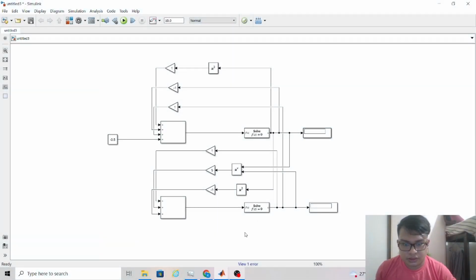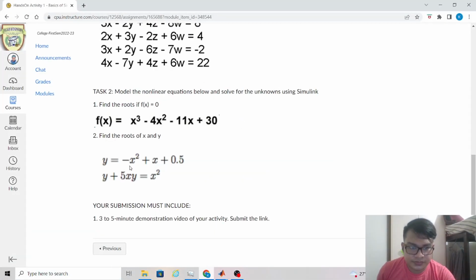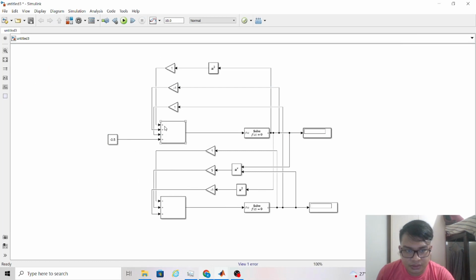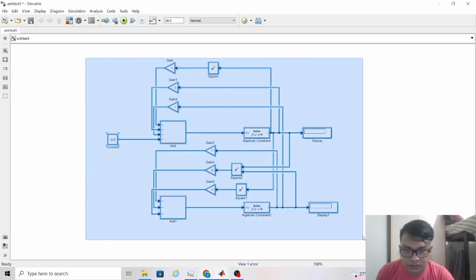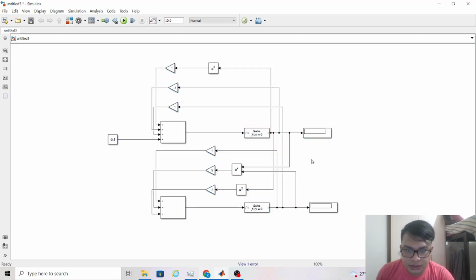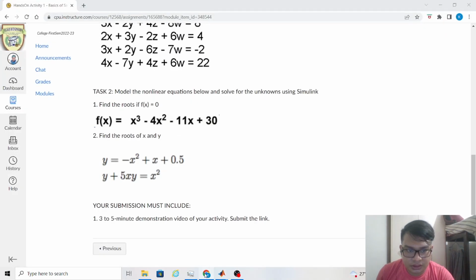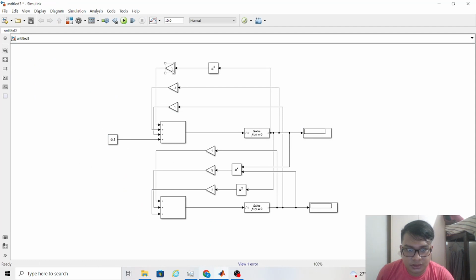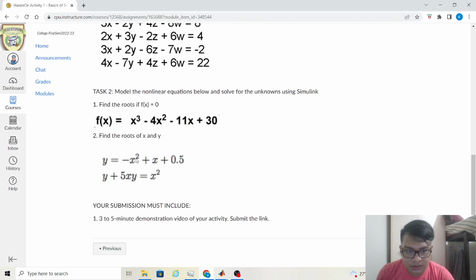So for the final one, finding the roots of x and y. Correct me if I'm wrong, this is the model I created for the x and y. For the first one, it's 1 for the square root of x, so negative 1 and 1. So these are the roots for the x and y.